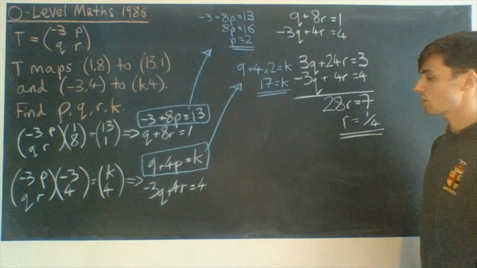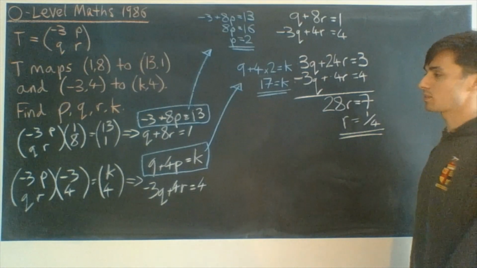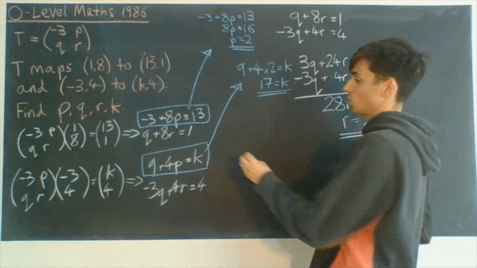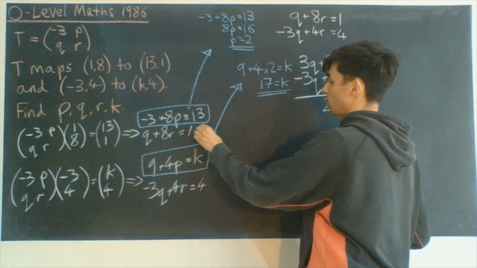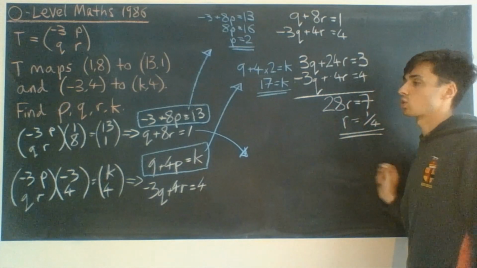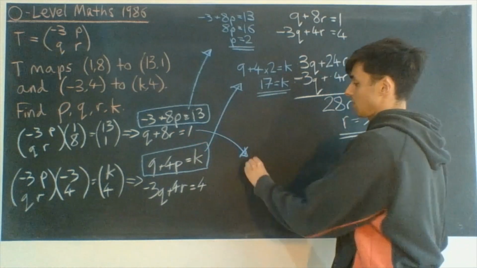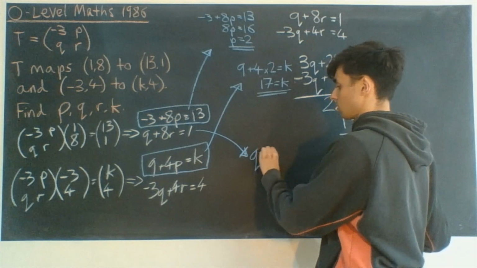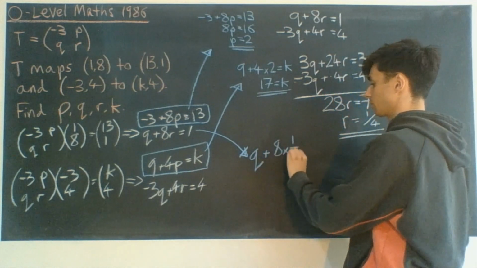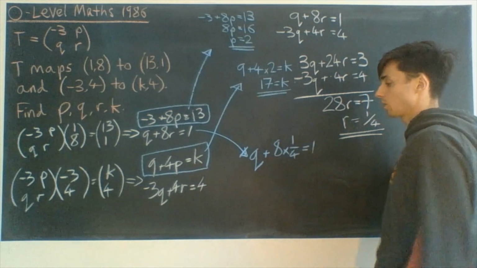And actually the last one from here is really easy to find. We can go back and use one of our original equations. So we've got Q plus 8R equals 1. Now we know that R equals 1/4, we can substitute that in there. So Q plus 8 lots of 1/4 equals 1.